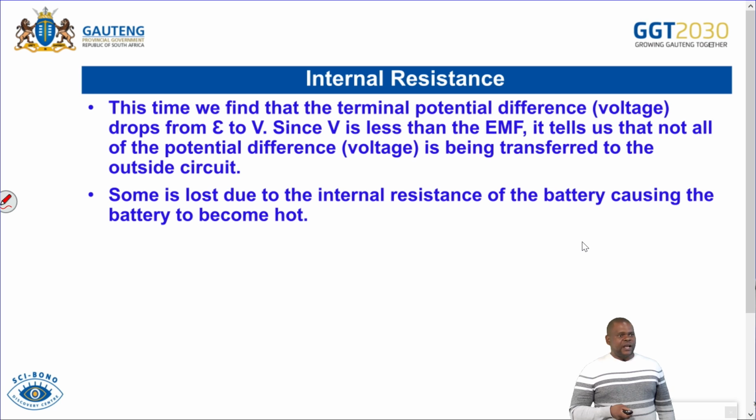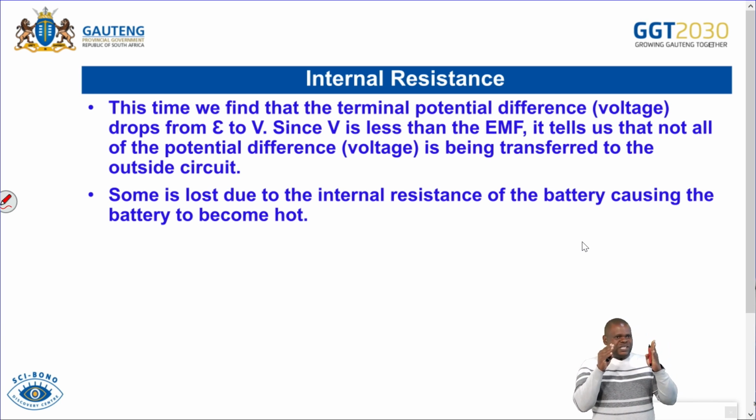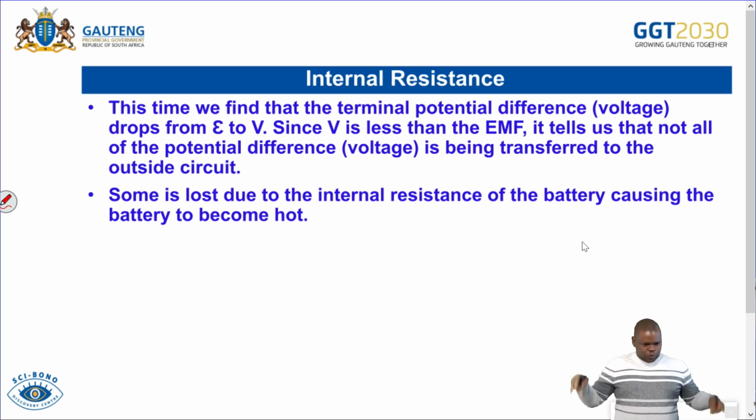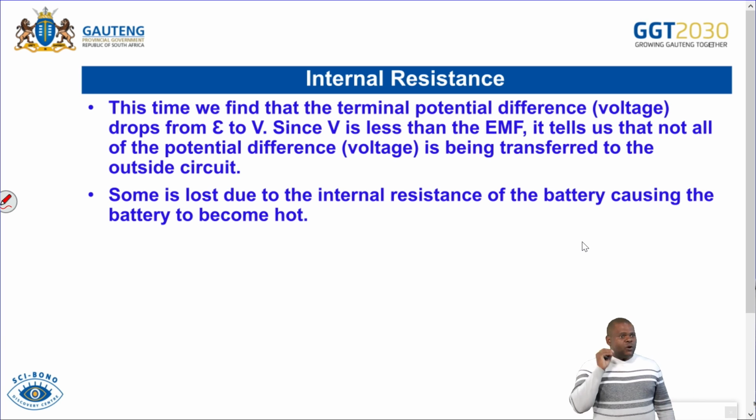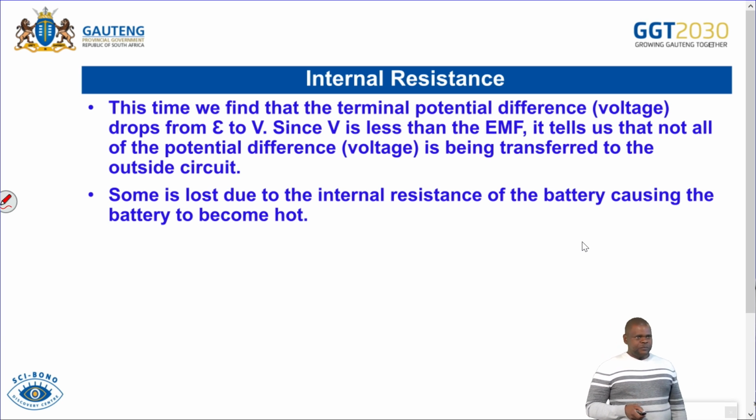Are we together? That means inside the battery, not all the voltage will go to the circuit. Some will be lost inside the battery. How so? Because of the internal resistance or the internal resistor.